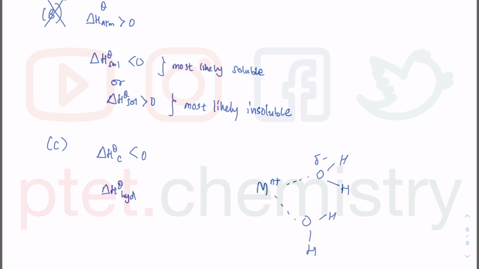It doesn't matter whether you have a metal ion or non-metal ion, it's always going to be exothermic, because if you have an anion, it will be the hydrogen end, which is delta plus, that will be attracted to and surround the X minus like that.